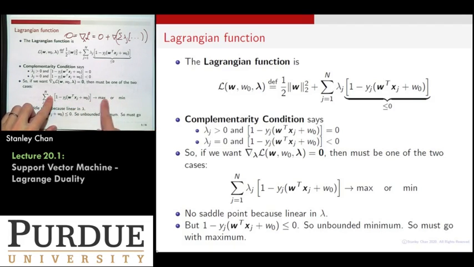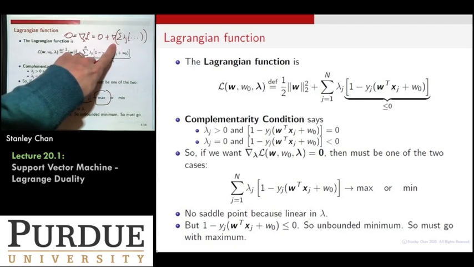So if this is going to a maximum or minimum, now let's look at this quantity. Which case will it be true? Whether it's a maximum or minimum. Well, this number is negative, okay? And this number is positive. And so no matter what lambda you choose, this will always go down. Right? It's unbounded below. You can never reach a minimum point. And so this one has to go to a maximum if you want the gradient to be 0.